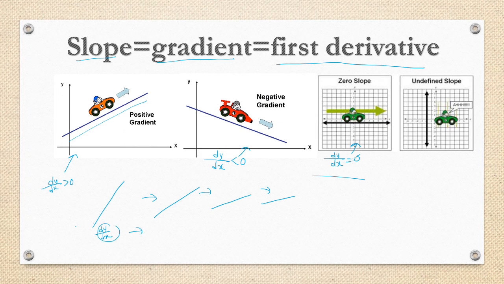The answer is that the gradient dy/dx is actually decreasing, getting less and less steep. If I have a gradient like this initially and it becomes more and more steep, what happens to the dy/dx here? The dy/dx here keeps on increasing, becoming more and more steep.